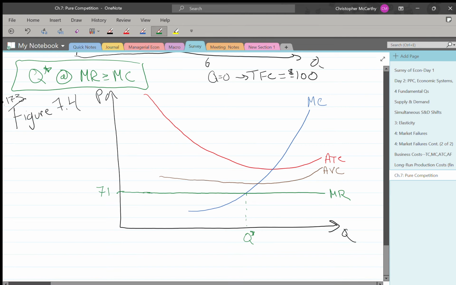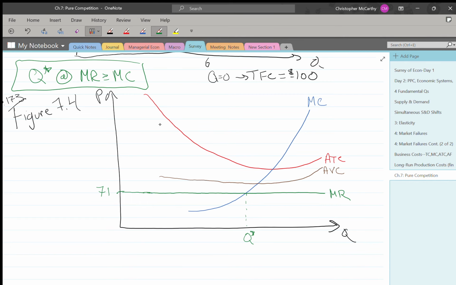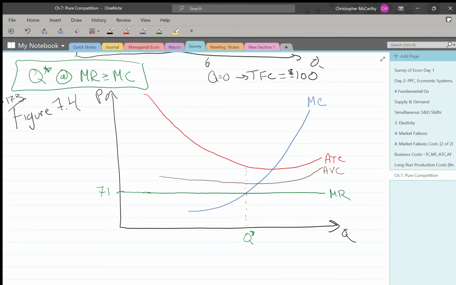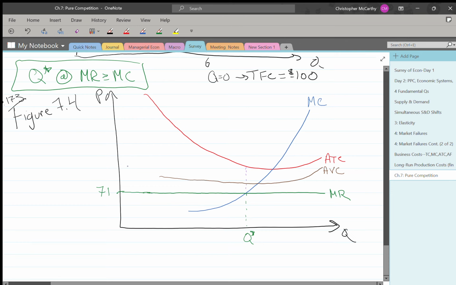Well, my costs are almost $100, and I end up getting $71 from each sale. And my Q star at this one is 5.